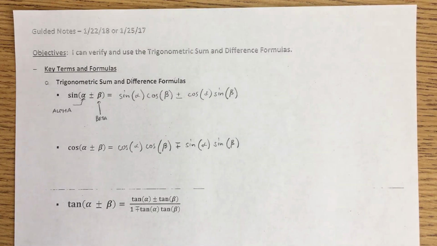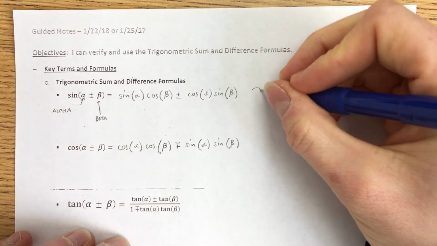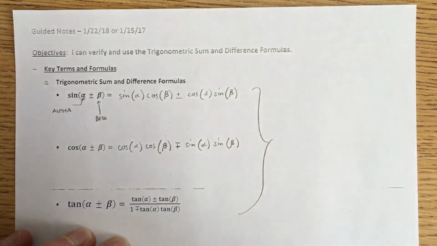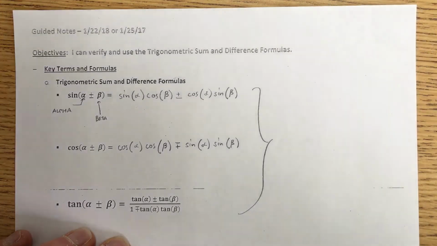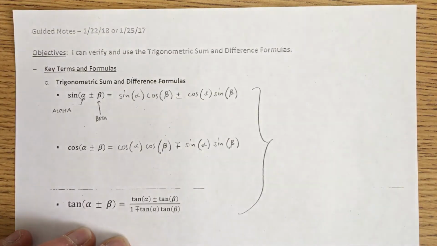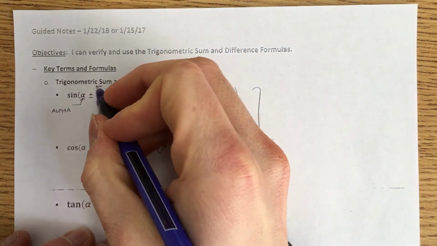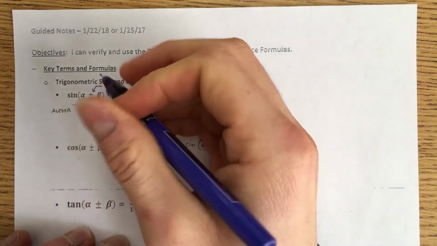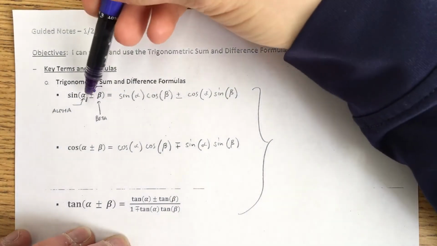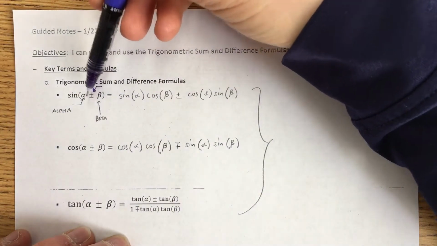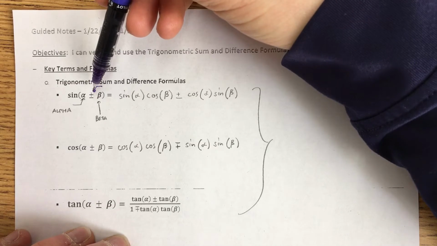And what this is telling us, really, these three formulas are really six formulas condensed into three. And what I mean by that is, if we were to add here inside of sine, I look at the signs and I think the addition is on top of the subtraction.